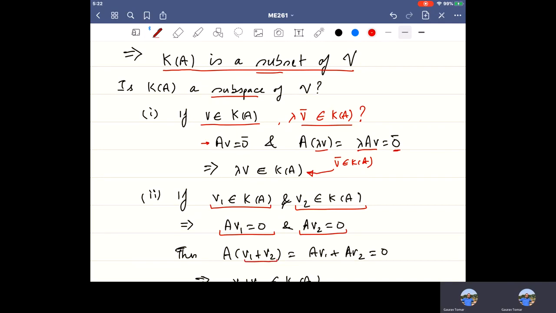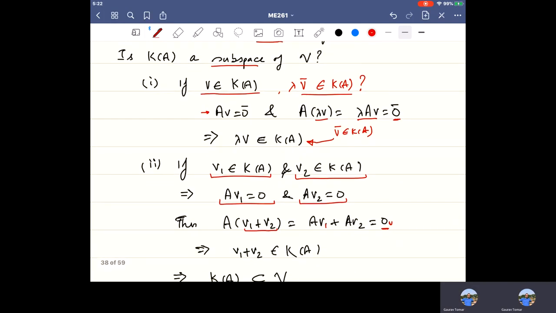Again we use the property of linear transformation that A of v1 plus v2 can be written as A of v1 plus A of v2. Both of them are 0, so you get a 0. And this 0 belongs to U, of course. Which means that v1 plus v2 also belongs to the kernel space k of A.